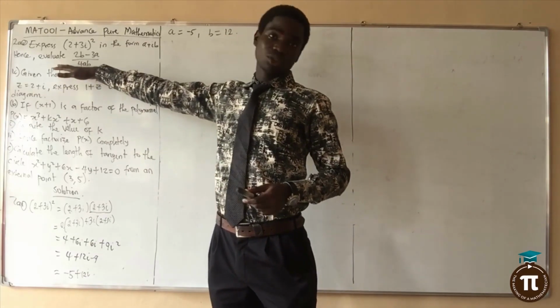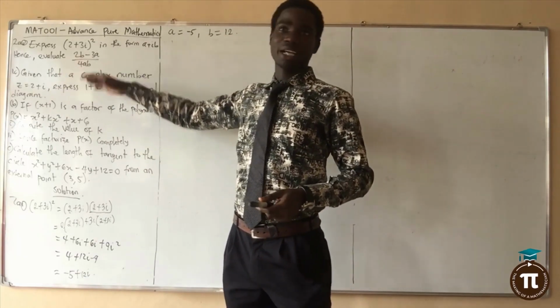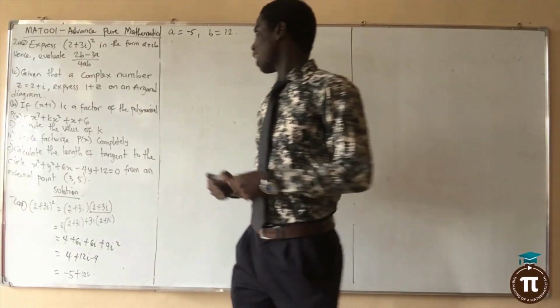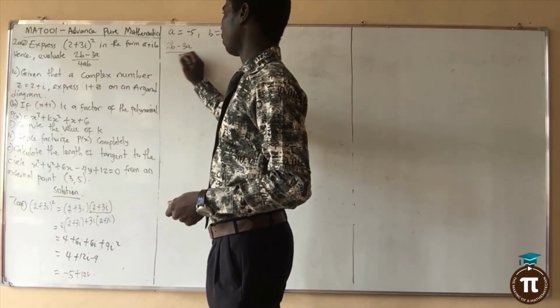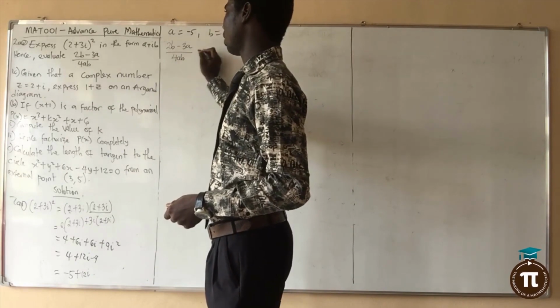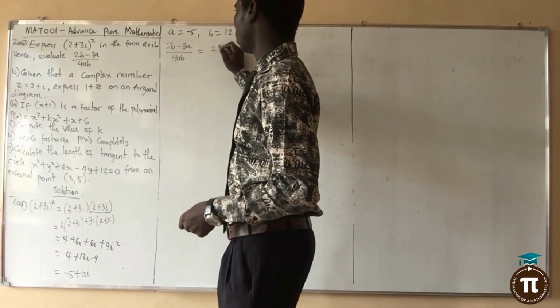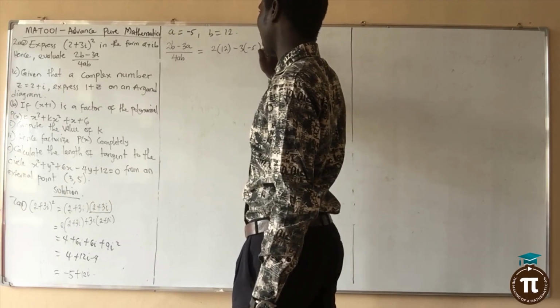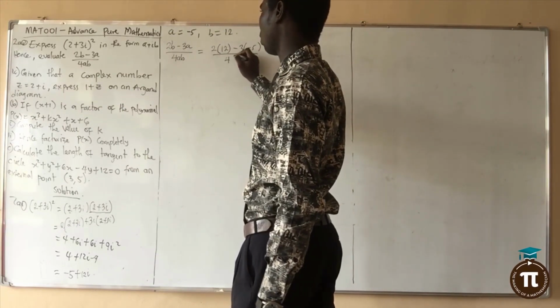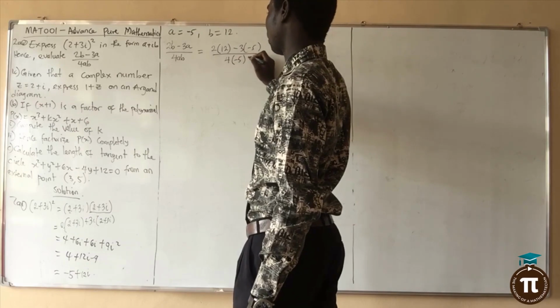So now I'm told to evaluate (2b minus 3a) divided by 4ab. So that will be 2 times b, which is 12, minus 3 multiplied by negative 5, divided by 4 multiplied by minus 5, then b.